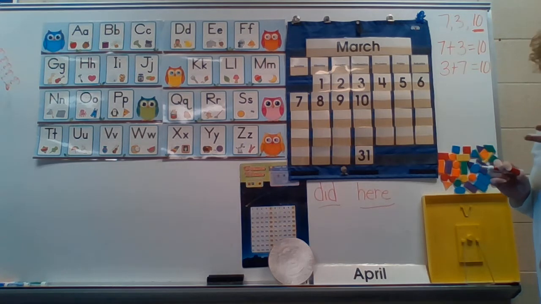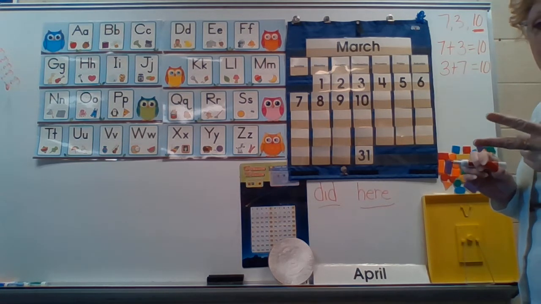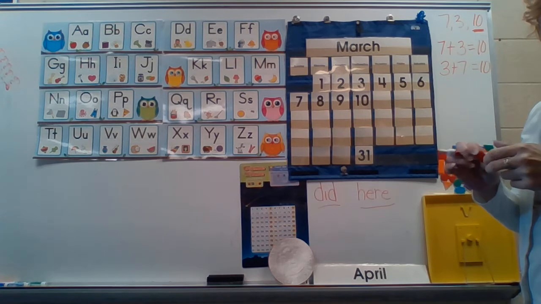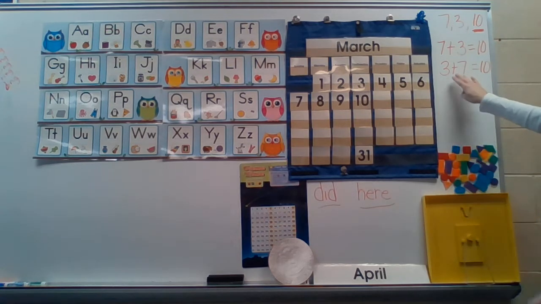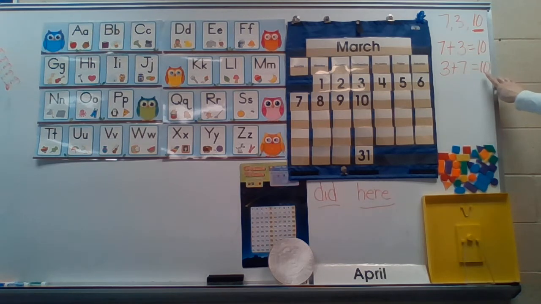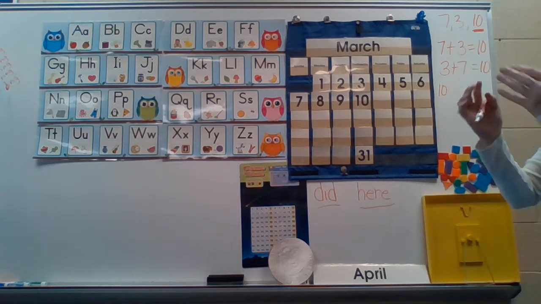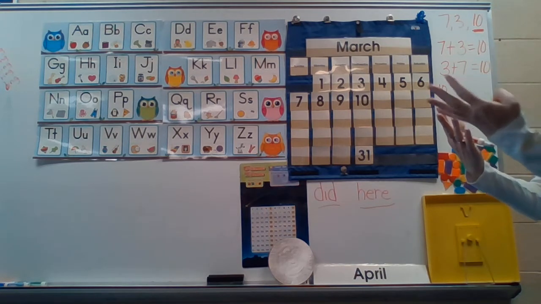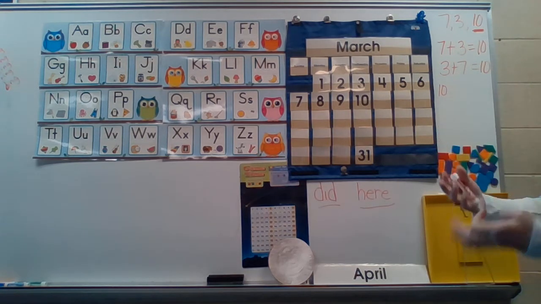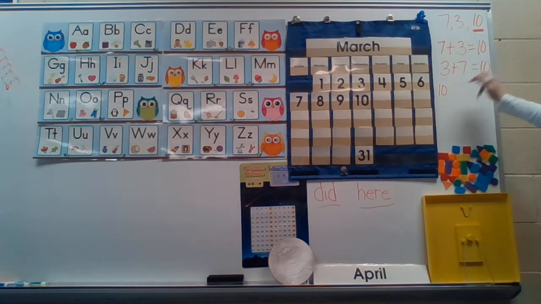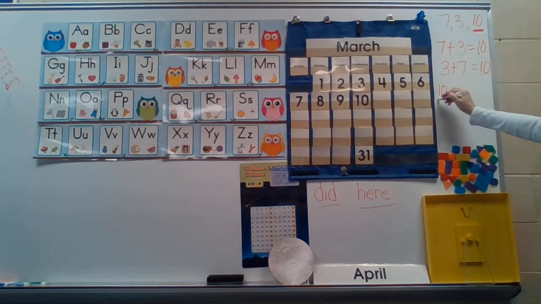Now, I have 2 more number sentences that I'm going to write, but they're subtraction number sentences. So I'm not going to use my parts, 3 and 7. I'm going to use my whole, the big amount, 10, because that's what I'm starting with. I'm starting with 10, and I'm going to take things away, right? So 10, my big number comes out front when I'm doing a minus.